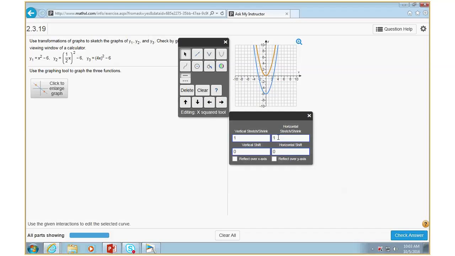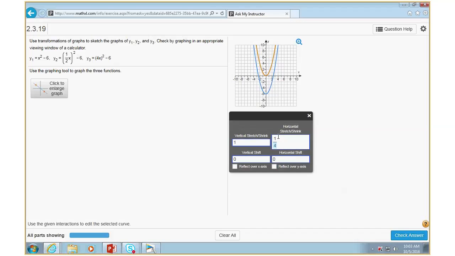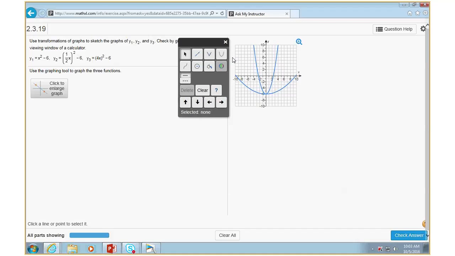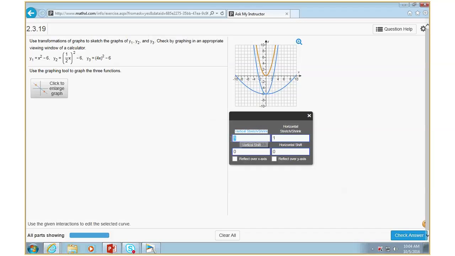So that means we'll put 1/4 here, and a -6 there. And then the next one is 16, and that's going to be a vertical stretch, right? It's going to make it skinny. And a vertical shift of -6.